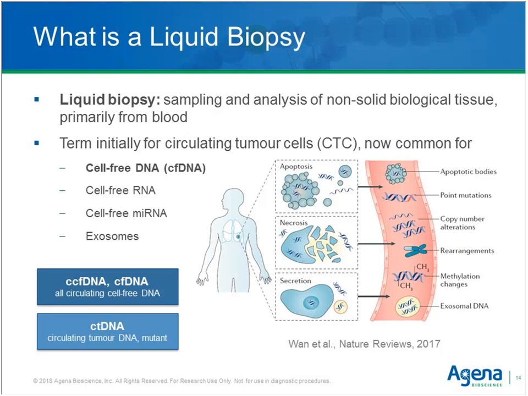And just a tiny little subset of the cfDNA is the so-called ctDNA, or circulating tumor DNA, so the mutant species. It can be as little as 1 in 1,000, so 0.1% of the entire cfDNA.